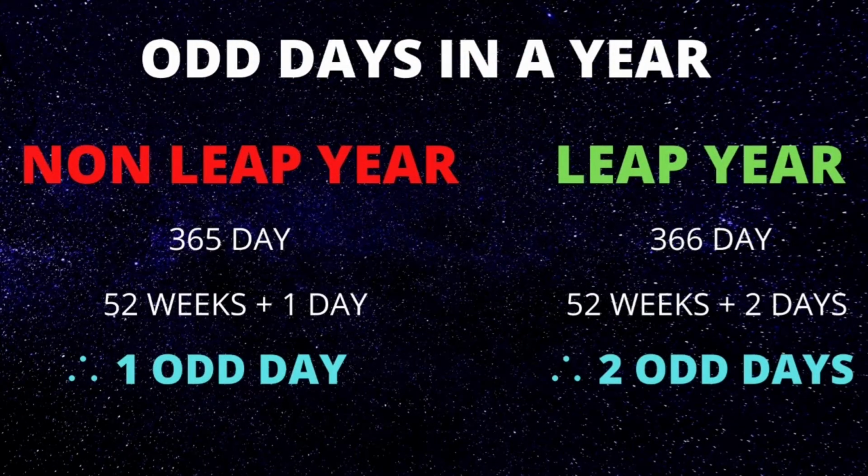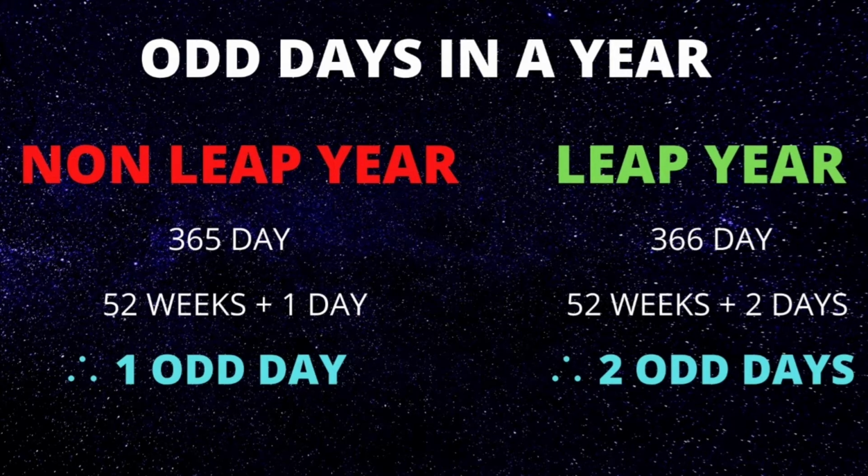A non-leap year has 365 days, which can be divided into 7 into 52 plus 1 days, that is 52 complete weeks and 1 day. Therefore, the number of odd days in a non-leap year is 1. Similarly, leap years have 366 days that can be divided into 52 complete weeks and 2 days. The number of odd days in a leap year is 2.